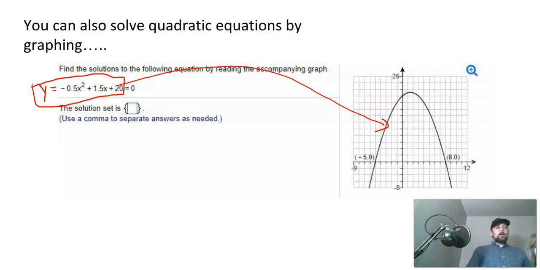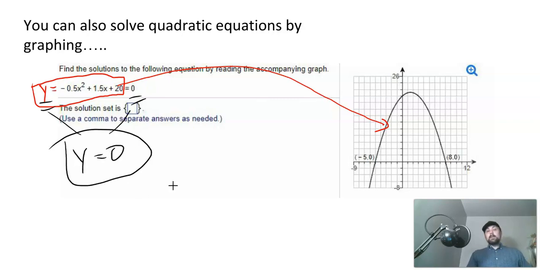So where do you suppose on this graph we would find the solutions to this equation? Well, we're looking for where it's equal to 0, but we set this equation equal to y, right? So the equation is simultaneously equal to y for the graph and also equal to 0 for our problem. And so we put those together and we find the solution where y is equal to 0.